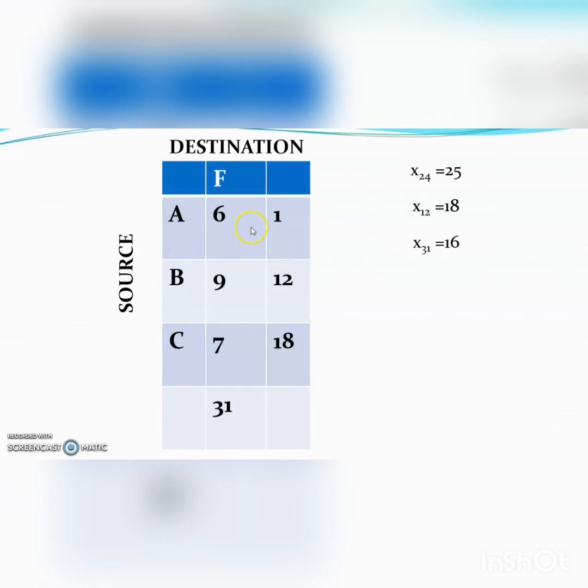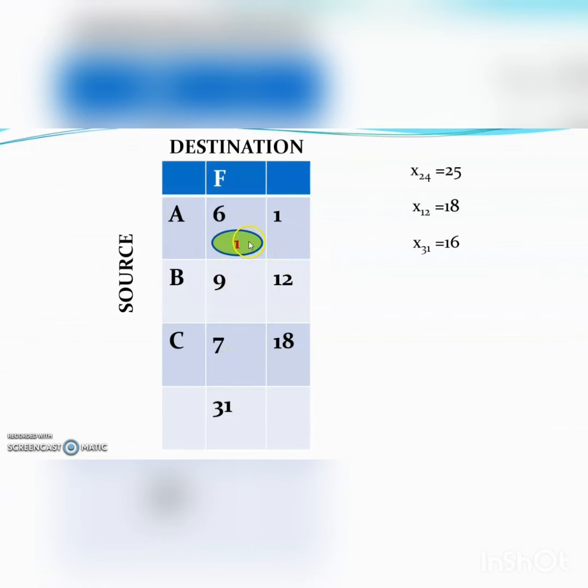So we allocate 1 unit in the cell AF, that is 1, 3, we allocate 12 units in the cell 2, 3, and we allocate 18 units in the cell 3, 3.